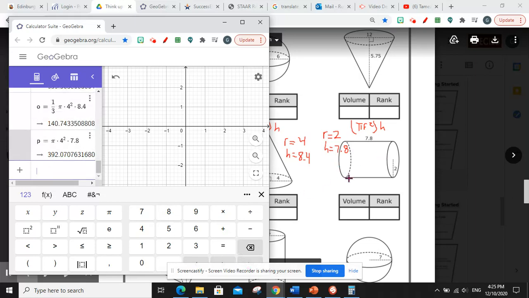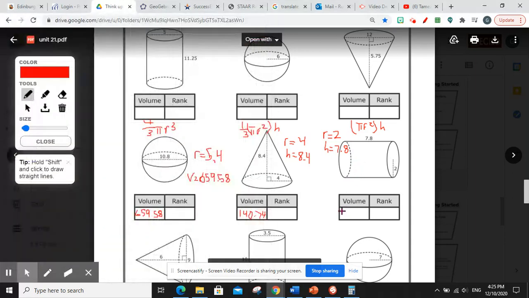So my volume is 392.070, so it's going to stay 07. So it's going to be 392.07. Okay, so again, it's just practice. Identify, find the radius and the height, plug into the calculator. Okay, but it's good to have this practice because we do need it.